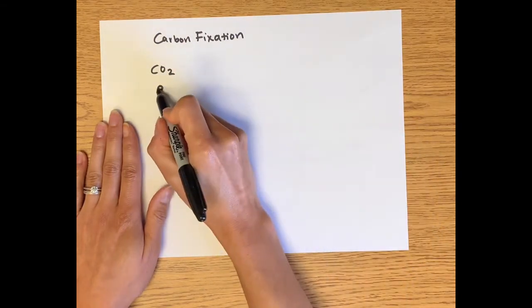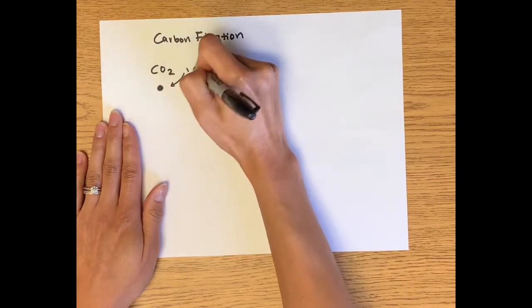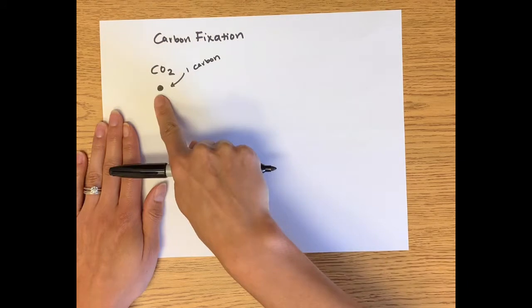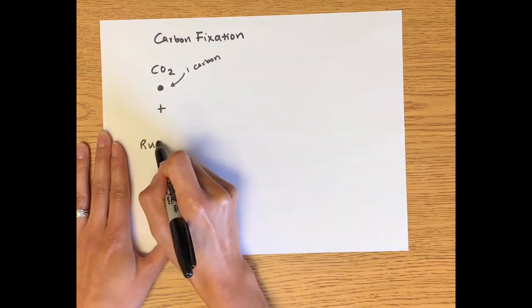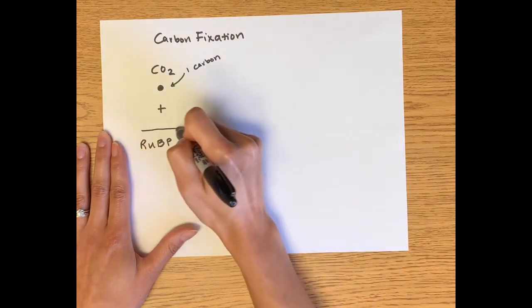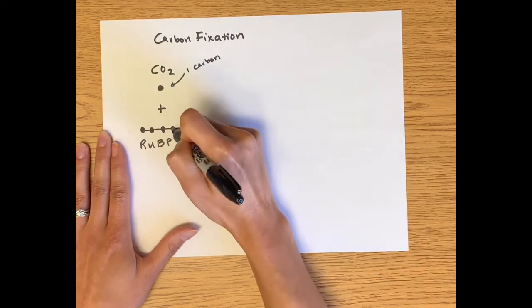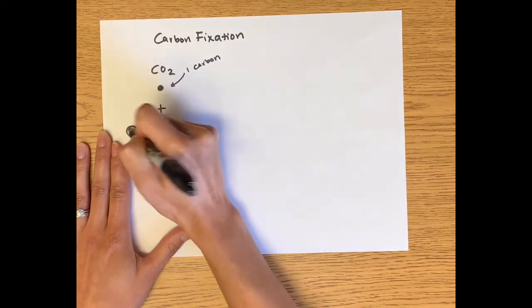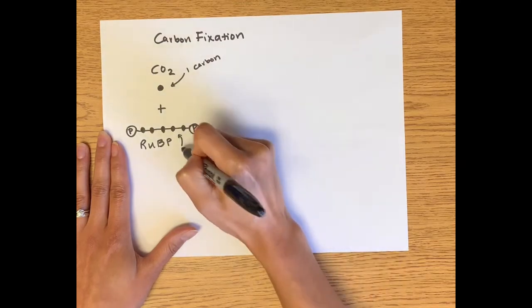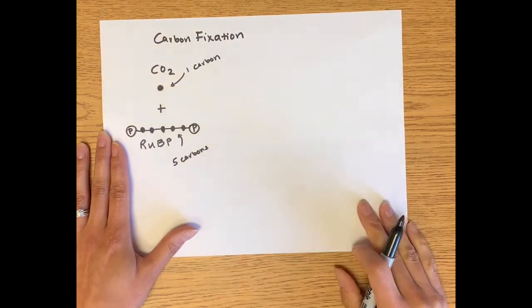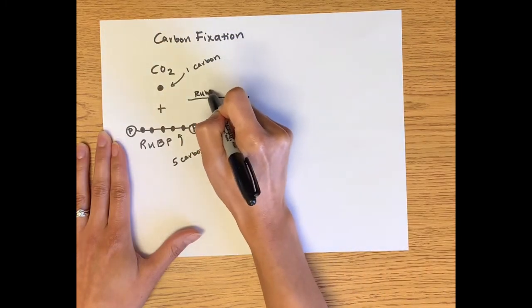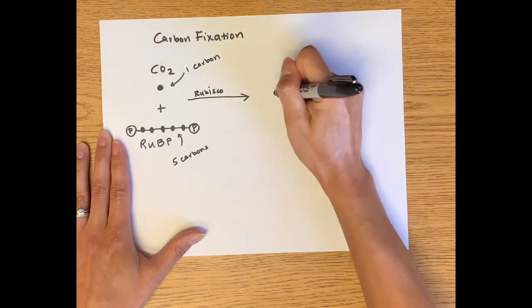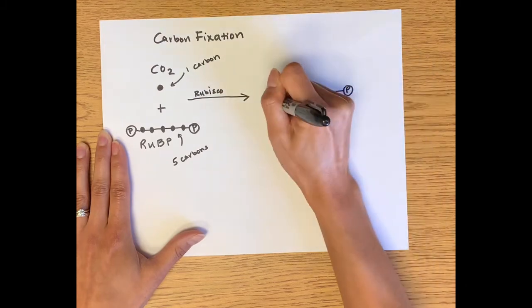Let's talk about what happens when we bring 1 CO2 into the Calvin cycle. The 1 carbon molecule combines with a 5 carbon molecule known as RuBP. With the help of an enzyme known as Rubisco, we make a 6 carbon molecule.